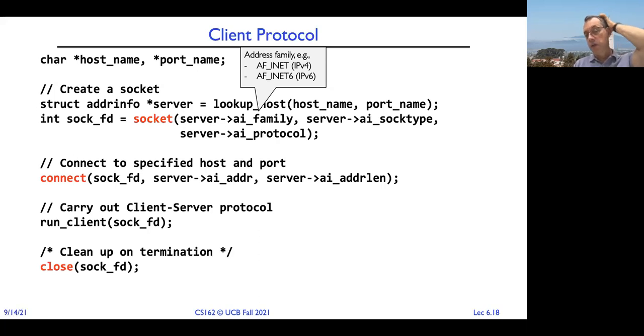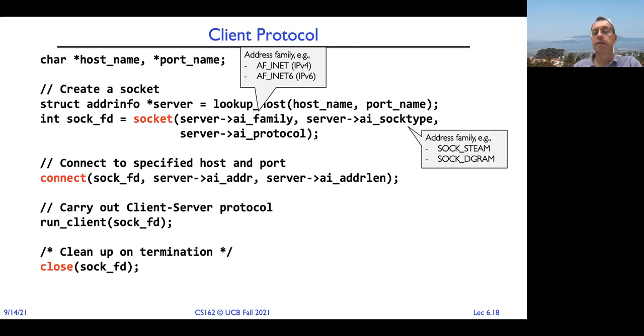Typically, you can add more. Address family: whether it's IPv4, IPv6, or something else. Then the socket type: SOCK_STREAM or SOCK_DGRAM. It's a typo here.